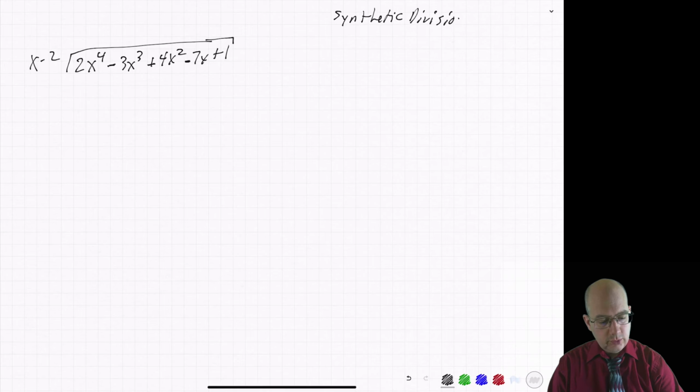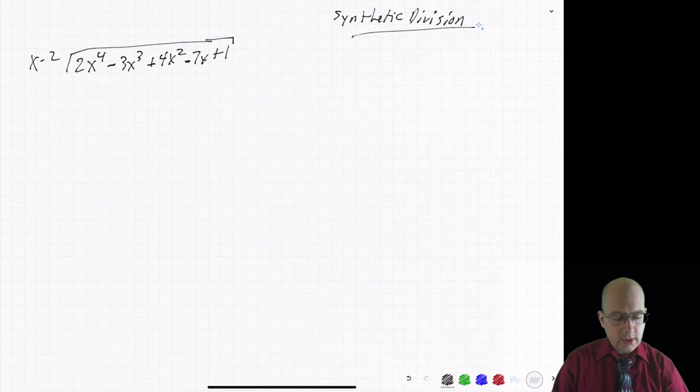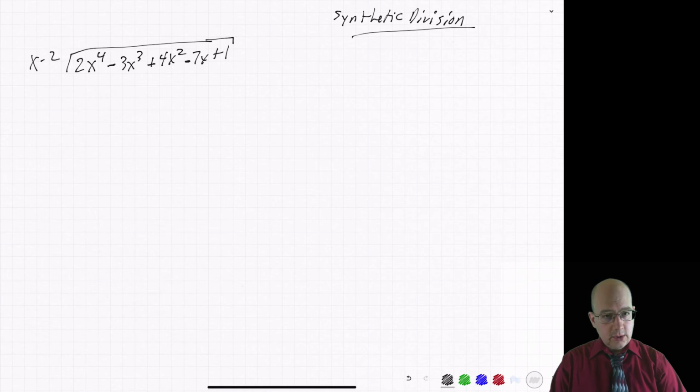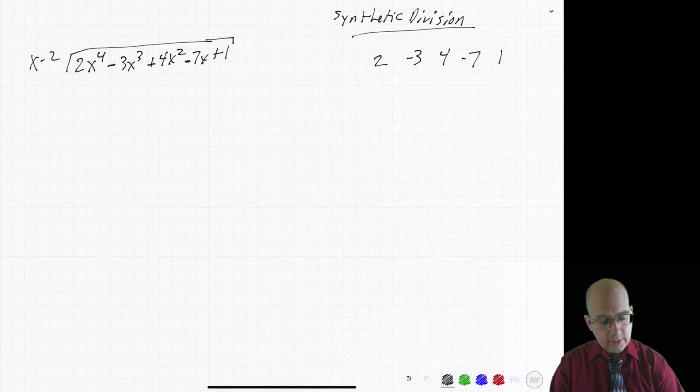And we'll do both of them simultaneously so you can see how it works. With synthetic division, we write down the coefficients here, and you should include the zero. Either method you should include zeros, but you should definitely include zeros for synthetic division.